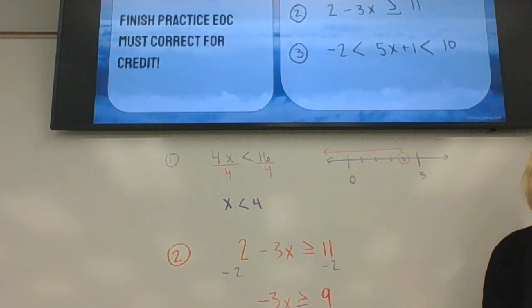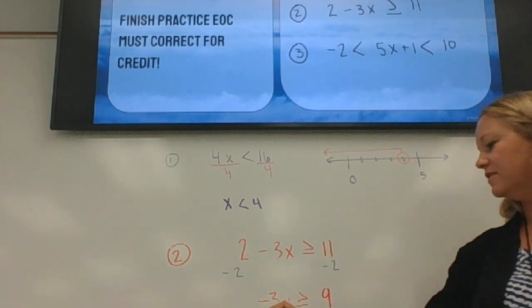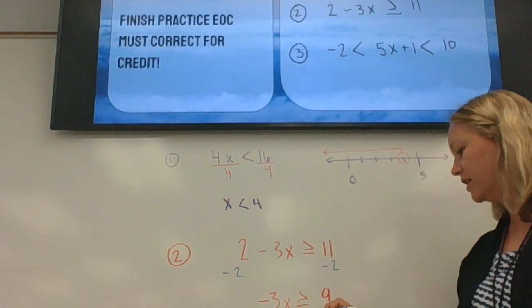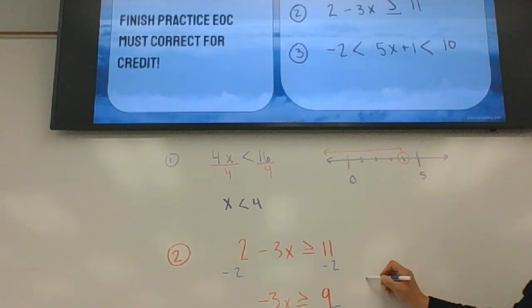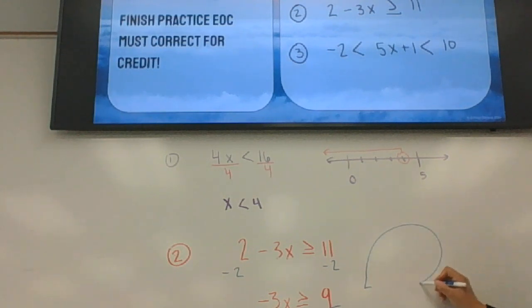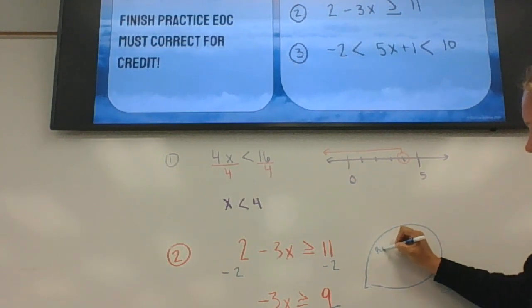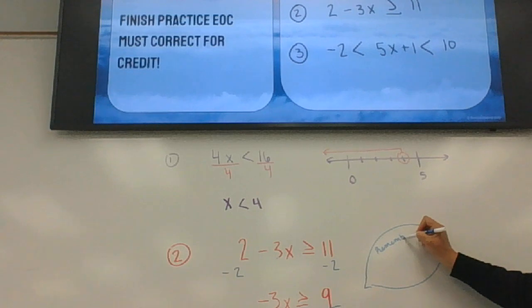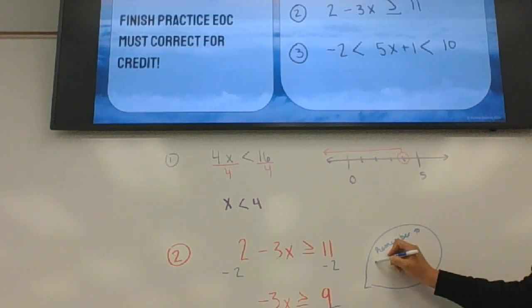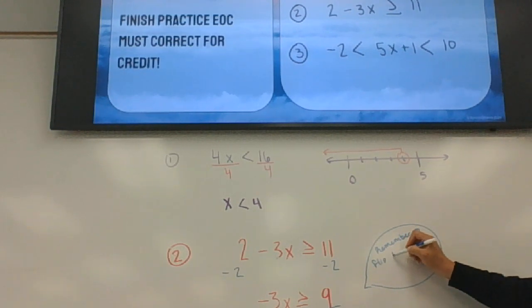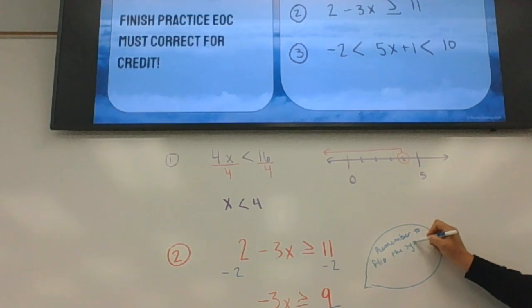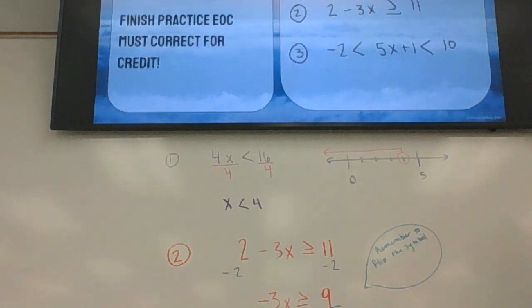All right, what's our next step in getting x alone? Yes. Divide by -3. And then right here I have to put a little note. Remember to flip the symbol when you multiply or divide by a negative.